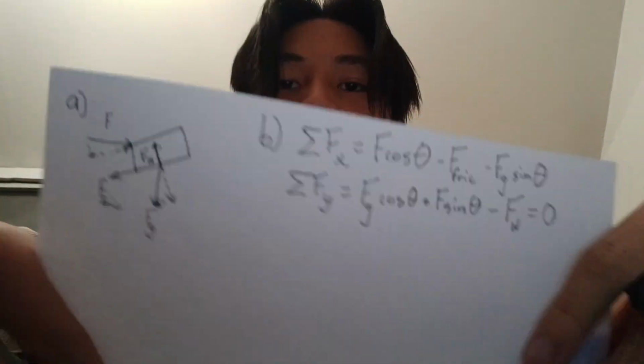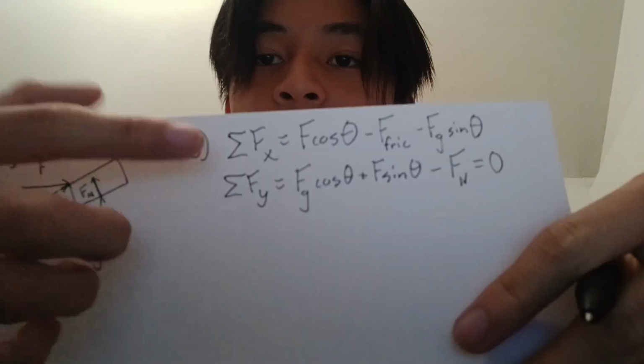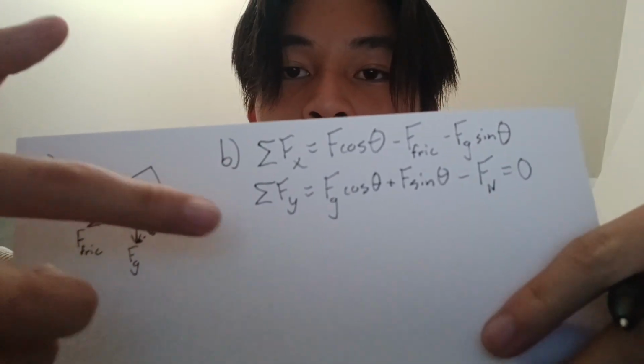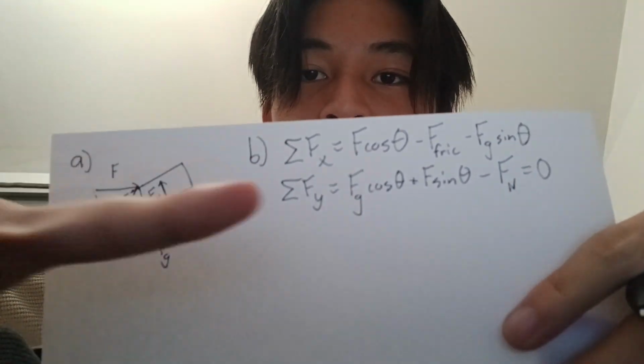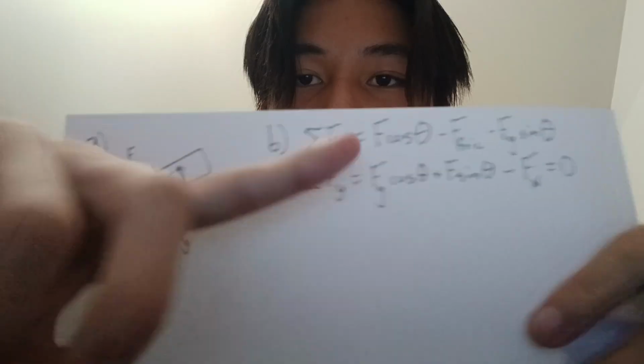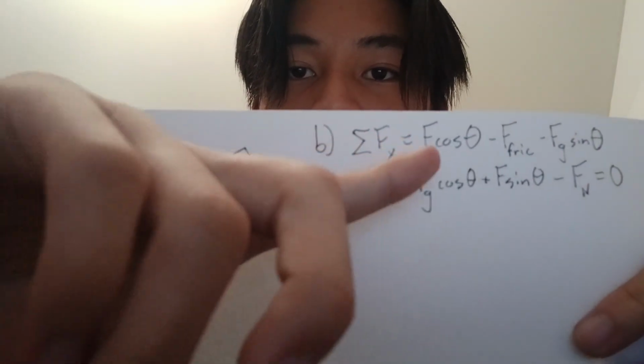All right. So this is what I started off with. Net force in x, net force in y. So net force in x is this: the horizontal component of F over here, F cosine theta.